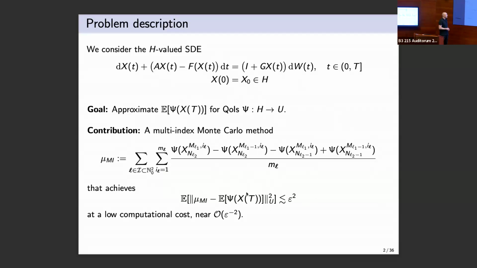So we want to approximate the expectation of the quantity of interest, which is U valued, with our multi-index Monte Carlo method, and we want to achieve some accuracy, epsilon squared in mean square error, at as low a cost as possible. The optimal Monte Carlo cost is epsilon to the -2, so we want to try to be close to that cost.